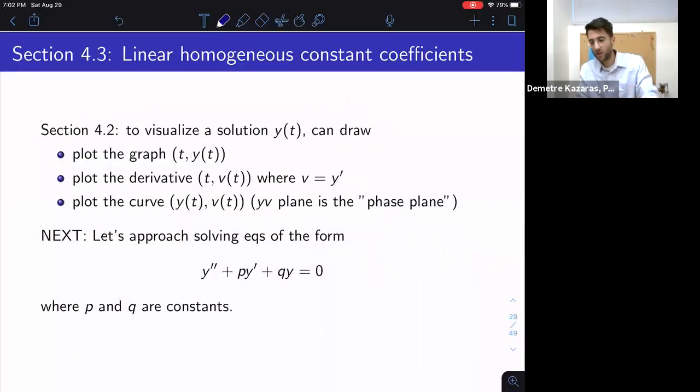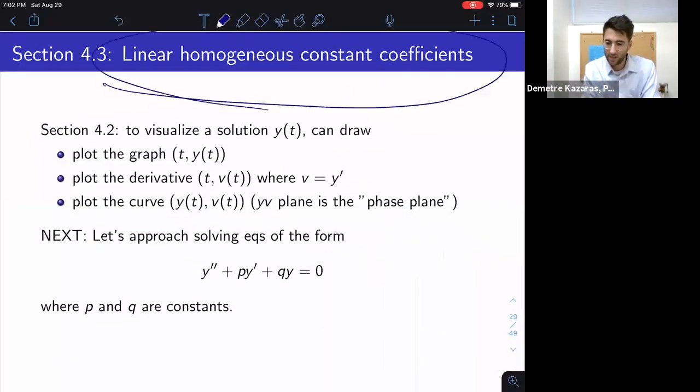What we really want to get into is to start solving some of these equations. So far, we haven't really solved any yet. The first type of second order equation is going to be the most simple one, where the equation is homogeneous, so the right-hand side is 0, and P and Q are just numbers.